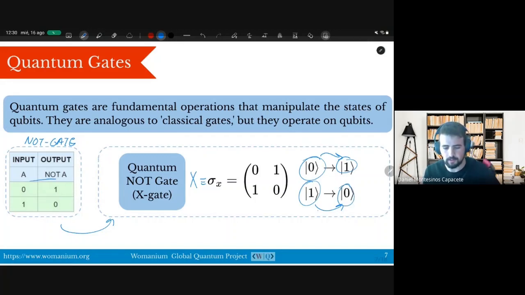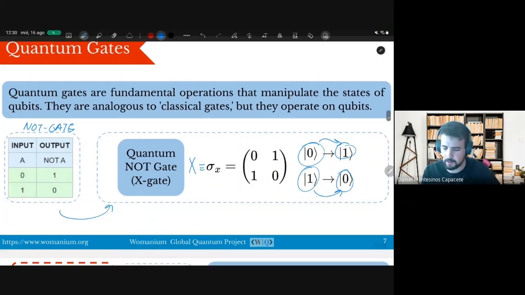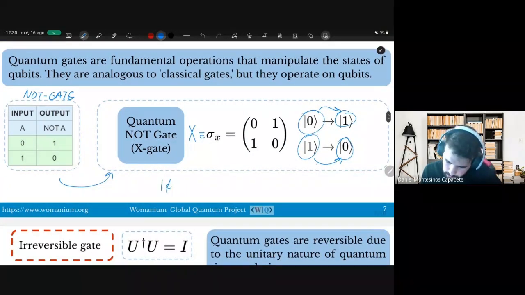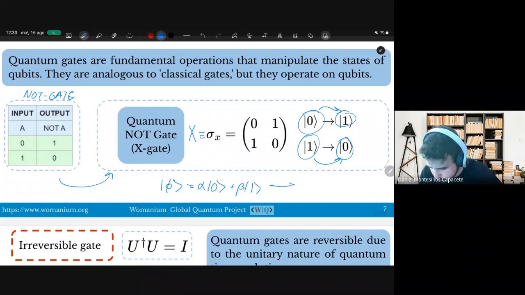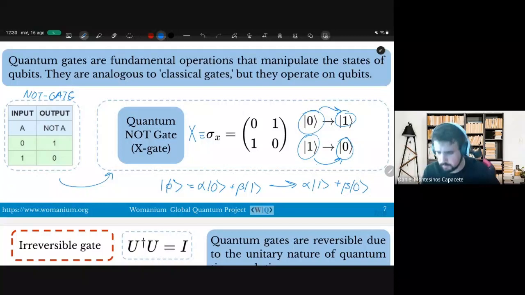So it's the same as this. The only thing is that this operation is quantum. If you have a linear combination of 0 and 1, it will also act in this way. In the sense that if you have, for example, alpha 0 plus beta 1, it will give you alpha 1 plus beta 0, because it just changes your state from 0 to 1 and from 1 to 0.